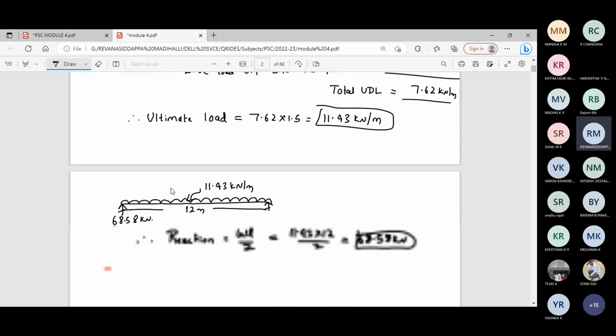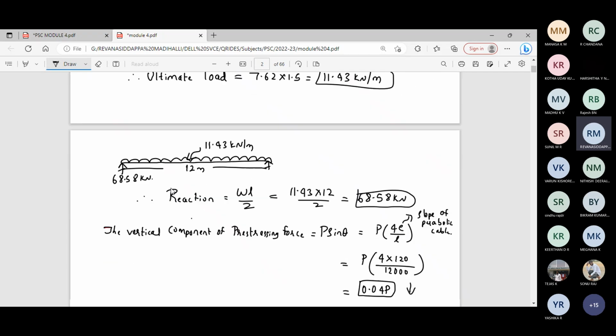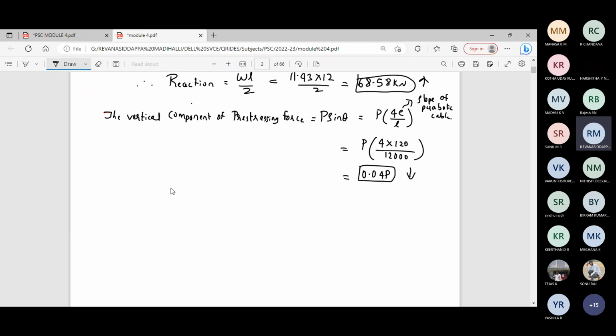It is downward. What is the direction of the reaction? It is upward. Now we have to add both the values to get the net ultimate shear force.